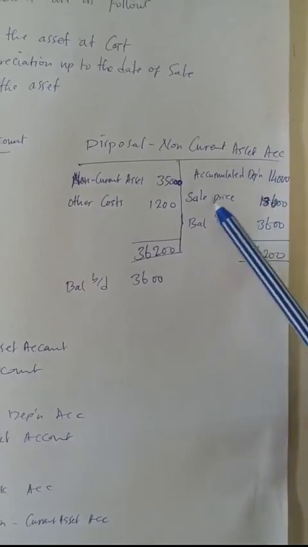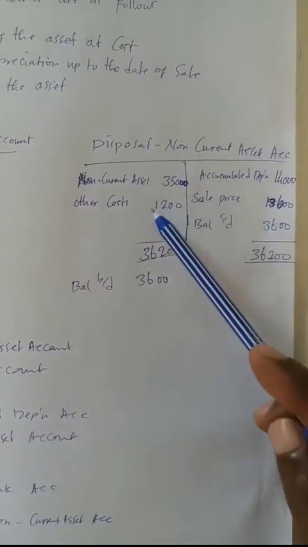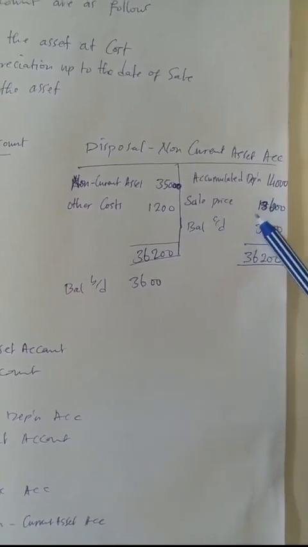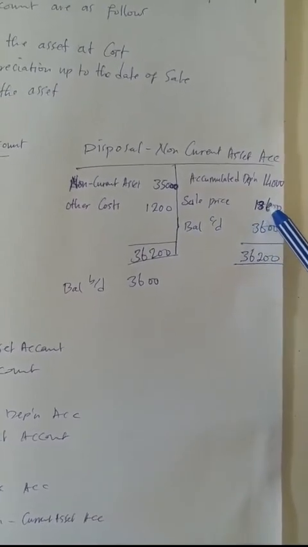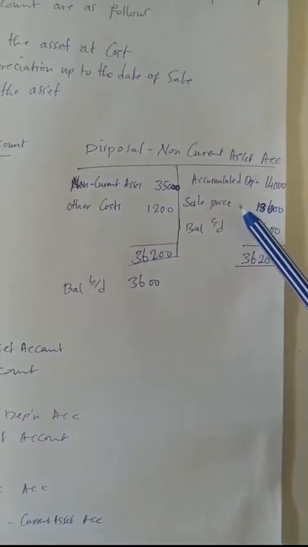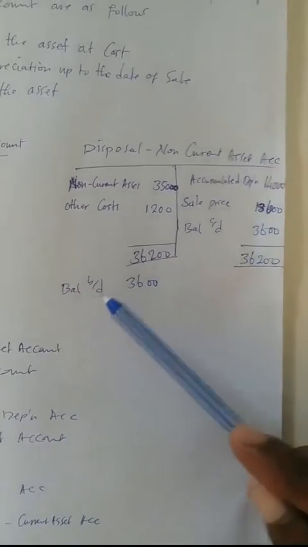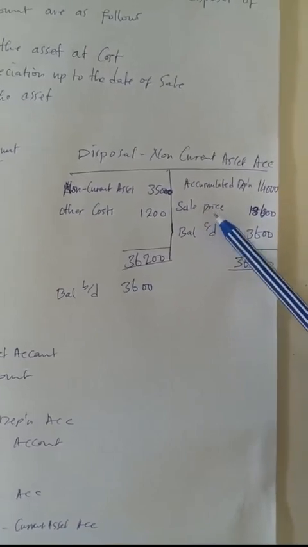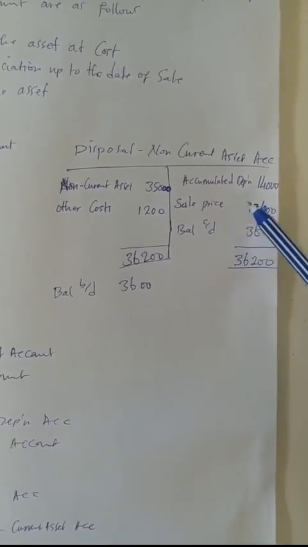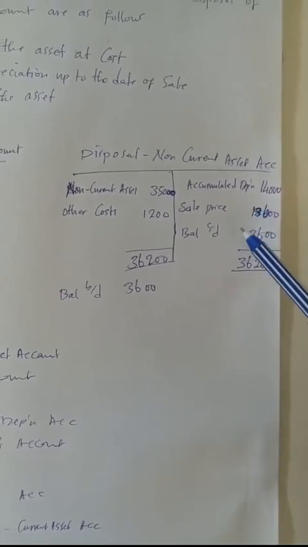And then the sale price, because we've disposed of the asset, we've sold it. That's the reason it's appearing here as 18,600, the whole amount, not the disposal amount after subtracting the cost like we did in the example. The whole sale price amount is the one we are recording in the disposal of non-current asset account.